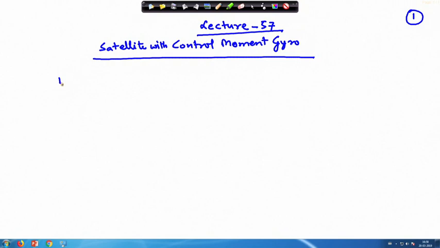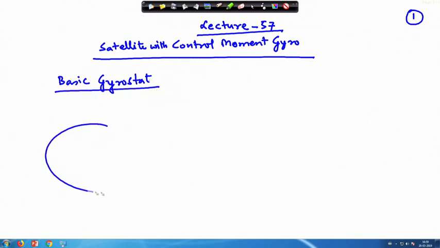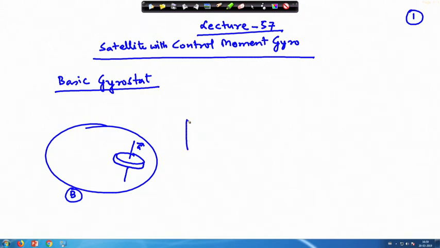In a basic gyrostat, there is a satellite main body, which we have written as B, and inside this there is a wheel which is rotating on its axis, but this axis remains fixed, which we are showing as A. Or the same thing can be something like this.